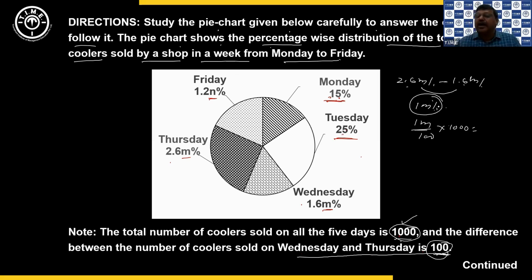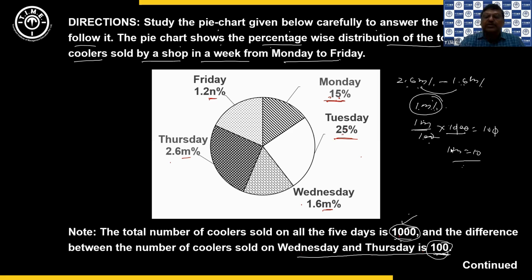I can directly say. Otherwise, students, you can see 2.6, 1.6, the difference is 1 M%. 1 M% of the total, that is 1000, is the difference between them, which is 100. You can see, students, 2 zeros gone, 1 zero gone. So 1 M is 10. M is 10, right?